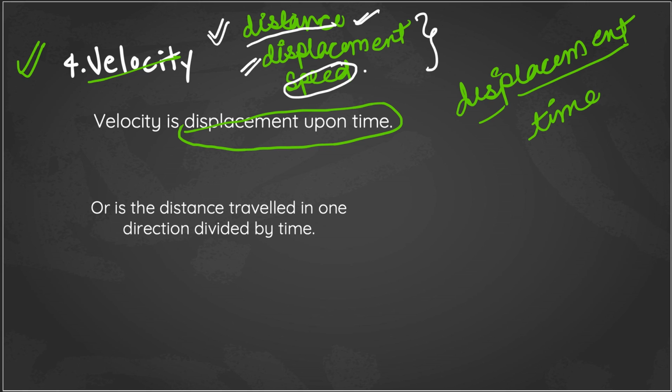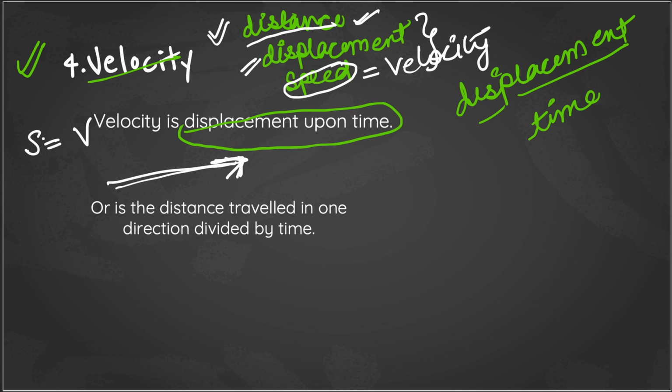And sometimes speed could be equal to velocity if it is moving only in a single direction, on a straight path. But if it is turning back, or if it is in a circular motion, then the situations are different.